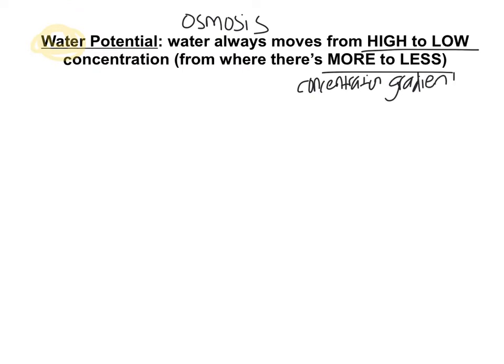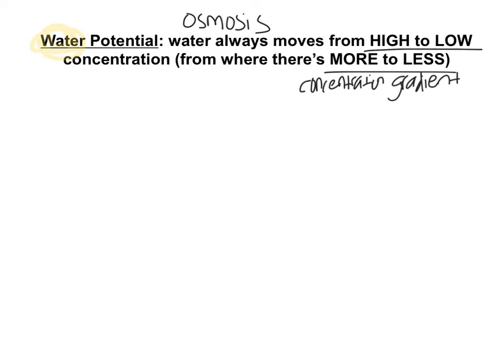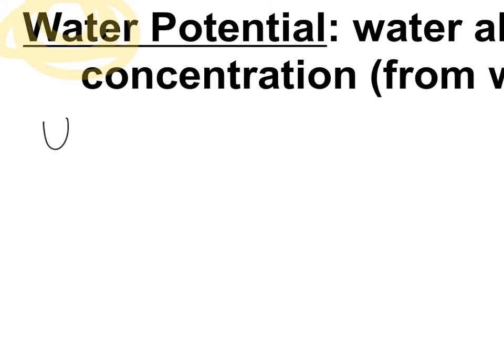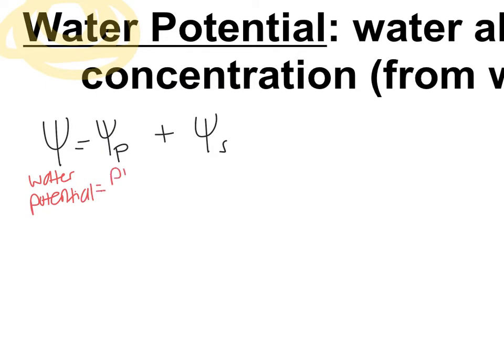So water potential is a math formula. It is a math formula that uses the symbol psi. Kind of looks like a trident from like Little Mermaid King, but it is a Greek letter psi, and it is made of pressure potential and solute potential. So this guy here is water potential. And it's made of pressure potential and solute potential.